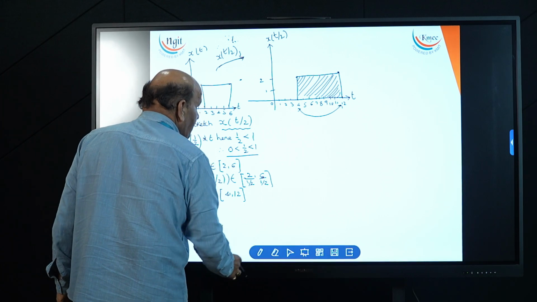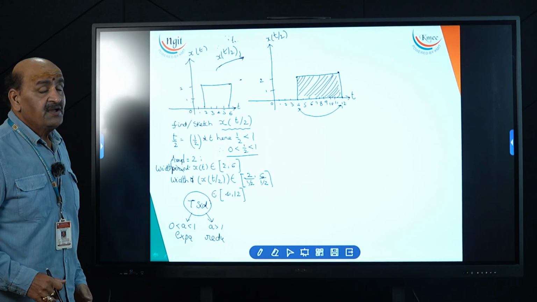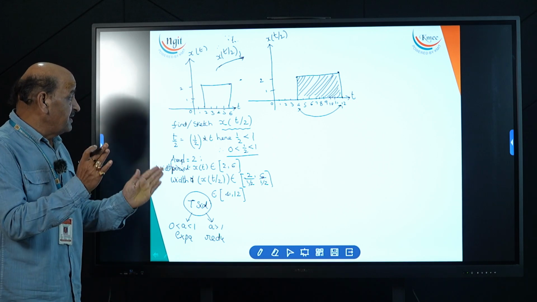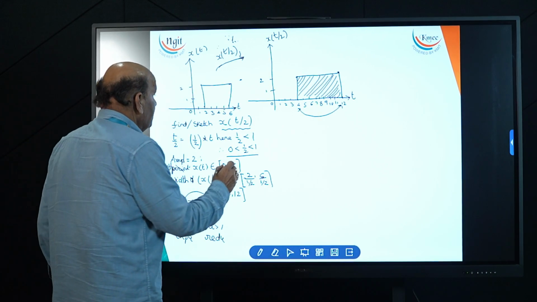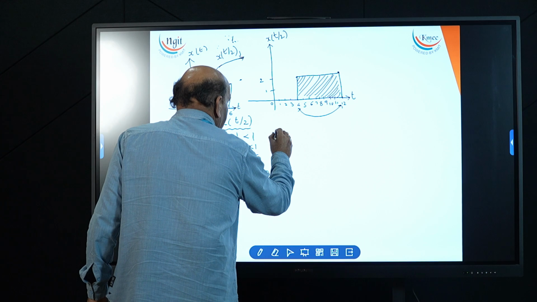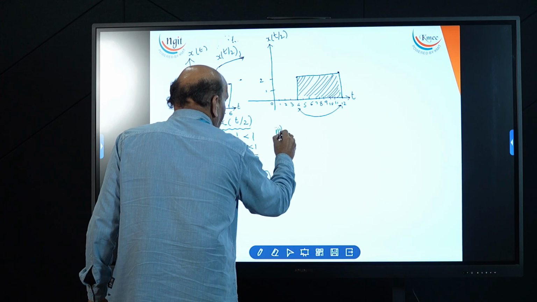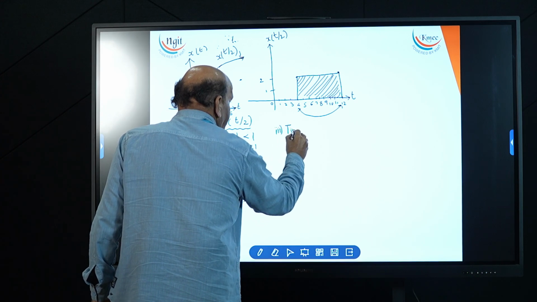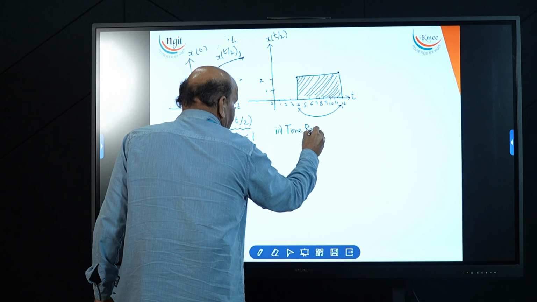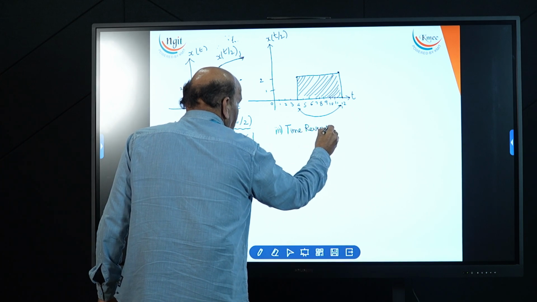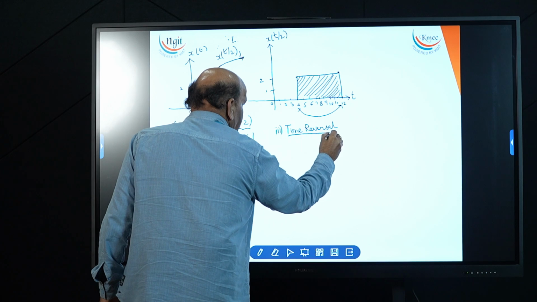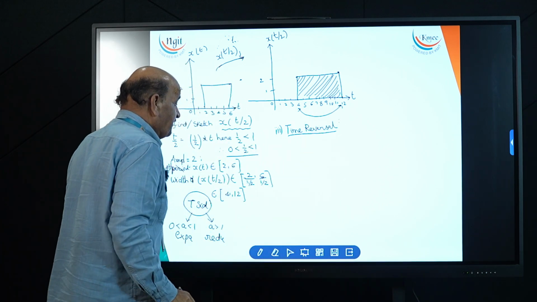Now, the next concept is time reversal. This is the third concept, called time reversal.